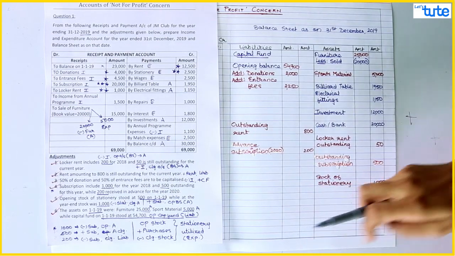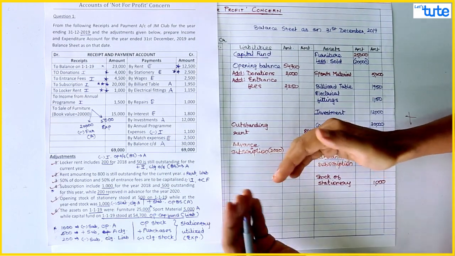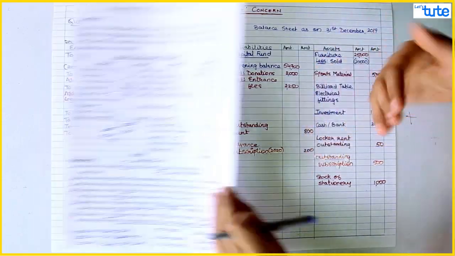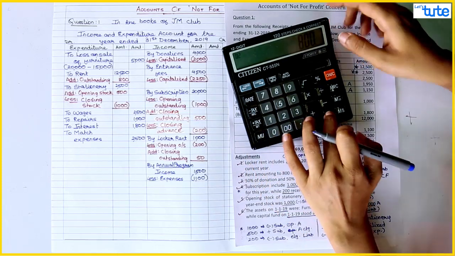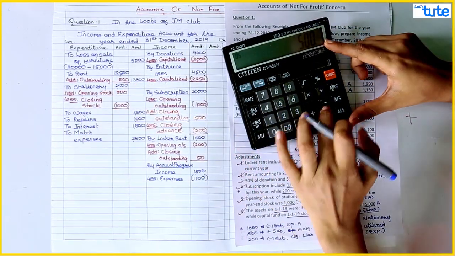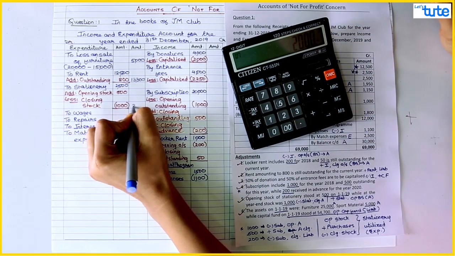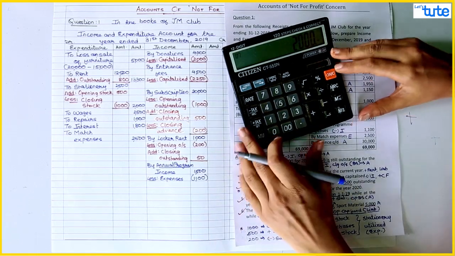And now the next thing and the last thing remaining is the totaling. First of all, what you do, bring your inner column totals to outer column. So over here, 12,500 plus 800, that is your rent, 13,300. 2,500 plus 500 minus 1,000, 2,000. Avoid using the calculators if it is not allowed in your final exams.